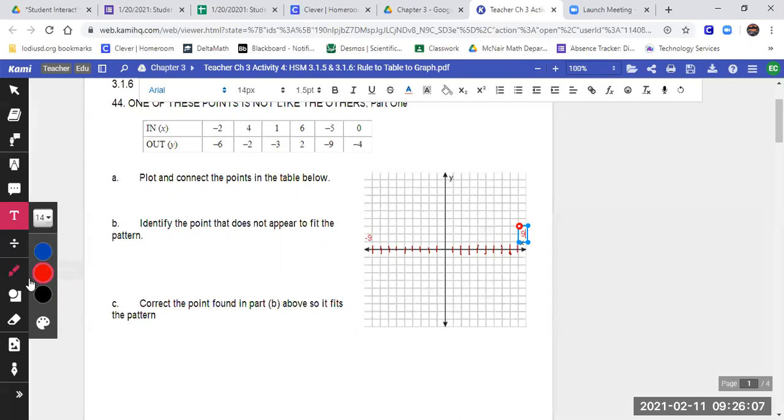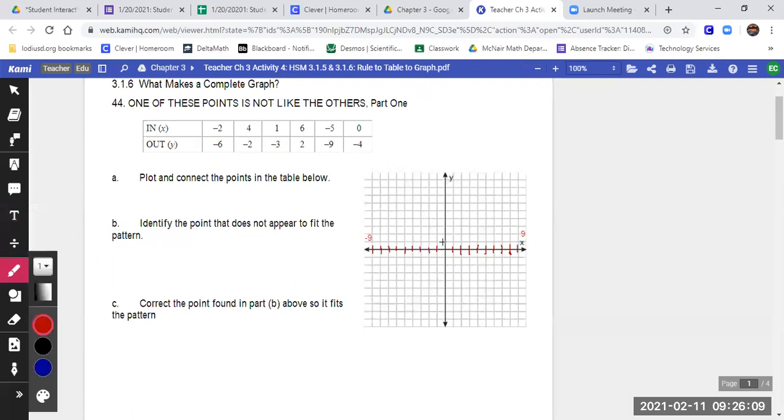Okay, so we're going to do our tick marks for those directions. And again, it looks like we're doing +9, -9. Now, some of the teachers require you to actually label these tick marks with 1, 2, 3, 4, 5, 6, 7. You don't have to do that.